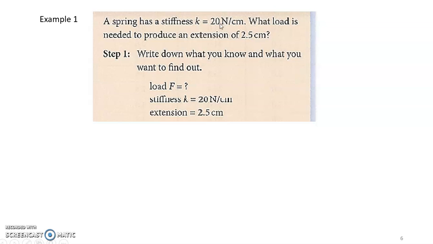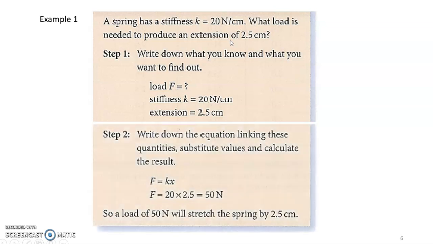We have k, and we have x equal to 2.5 centimeter, so we just plug straight into the equation F = kx. F is equal to 20 times 2.5, which is equal to 50 Newton. So with a load of 50 Newton, we stretch the spring by 2.5 centimeter.